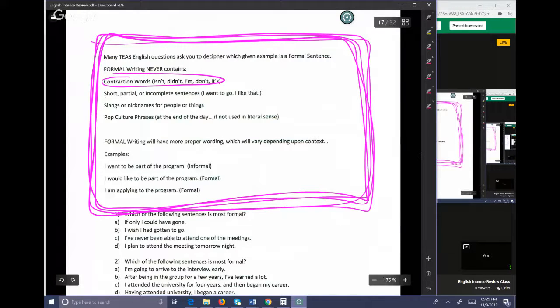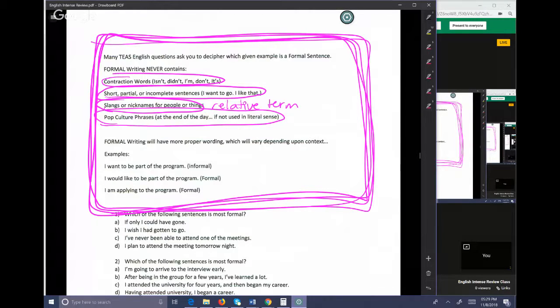It's also informal to have short, partial, or incomplete sentences like "I want to go" or "I like that." Slang or nicknames, anything that is a relative term or a comparative term, anything that's like a pop culture phrase, anything that is not what you would find in a book for learning the English language.